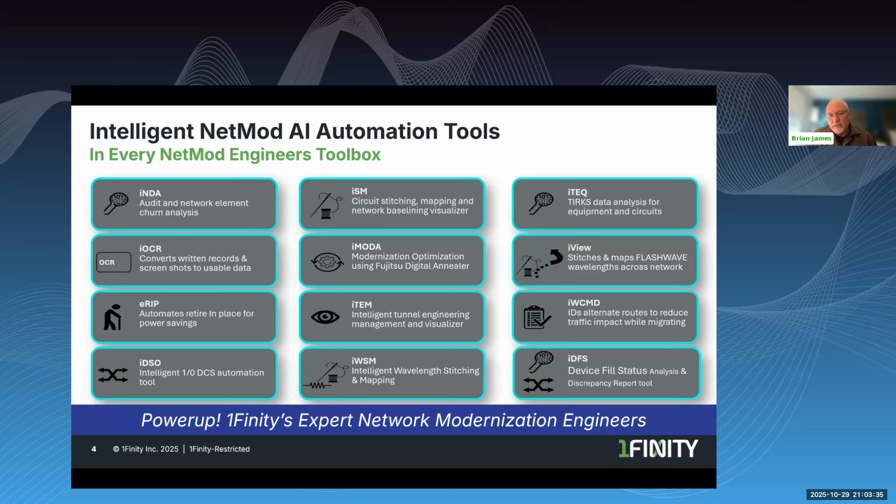We also have a stitching tool where we can take multiple sources. That's the IWSM tool. Take multiple sources of data from multiple different devices, put them all into the IWSM tool, and stitch them together and come up with a mapping service that shows where the circuits could be mapped to and how we could migrate those services over.